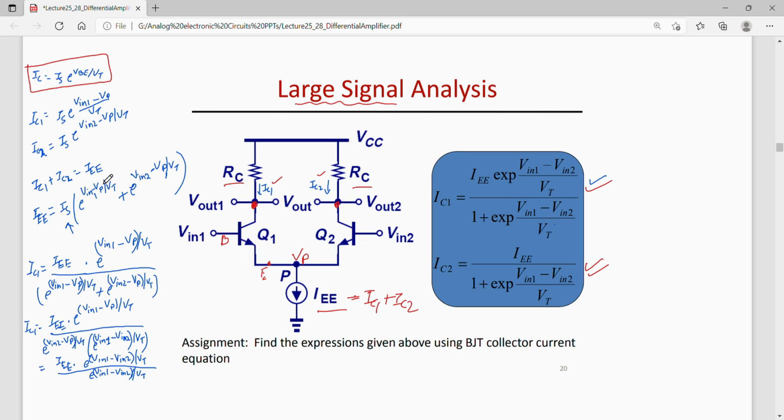And IC1 and IC2 we have already obtained over here, so put these in this equation. So I get IEE as this much, and from here then I can find out IC1.